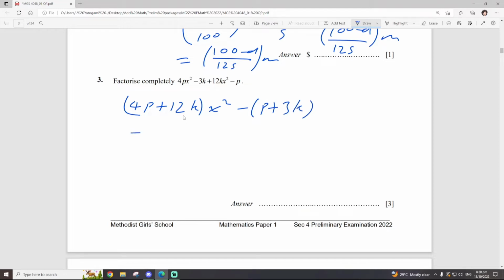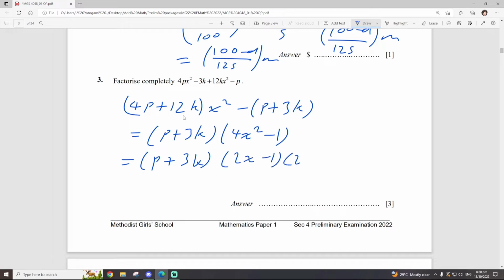Then we notice that this is 4 times p plus 3k. So we can actually factor out the p plus 3k. And then this is 4x squared minus 1. So this is p plus 3k, and then difference of two squares, 2x minus 1 times 2x plus 1. So there's actually 3 factors: p plus 3k, 2x minus 1, and 2x plus 1. Okay?